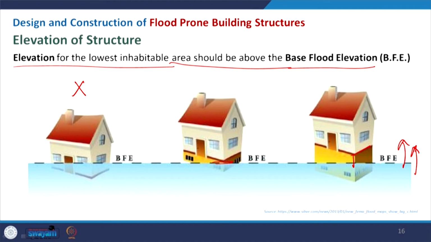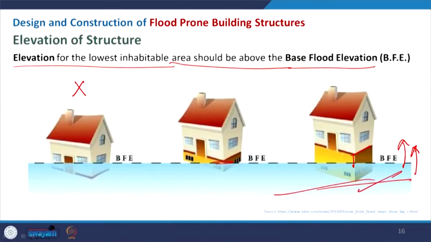Then you can make your structure risk free to some extent during the flood. But definitely when you make your building a little bit raised from the surface, maybe this is the land surface, when you make this plinth of that height, definitely cost will be additional.